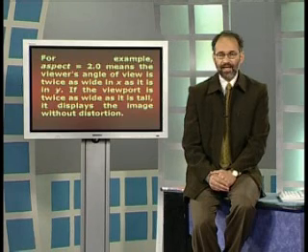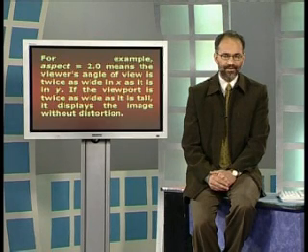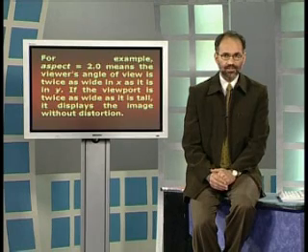For example, aspect equal to 2.0 means the viewer's angle of view is twice as wide in X as it is in Y. If the viewport is twice as wide as it is tall, it displays the image without distortion. So this needs to be kept in mind, that if we are going to play with this aspect ratio, we are going to end up having different output.